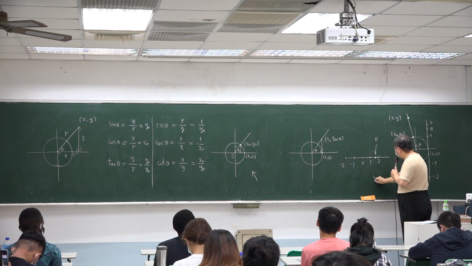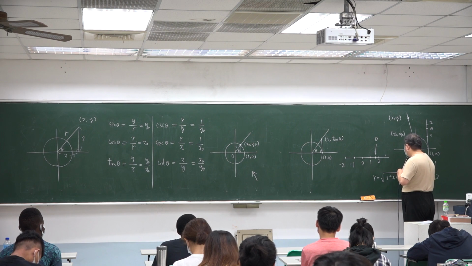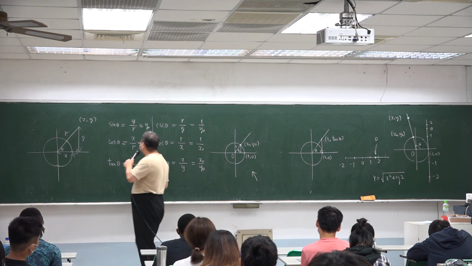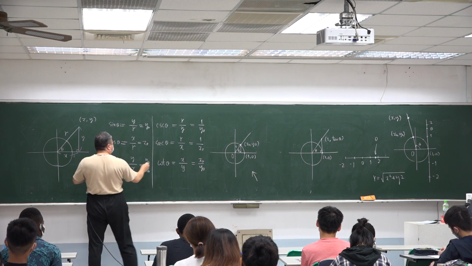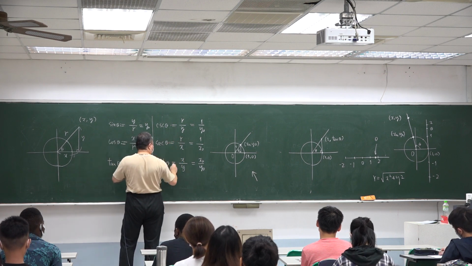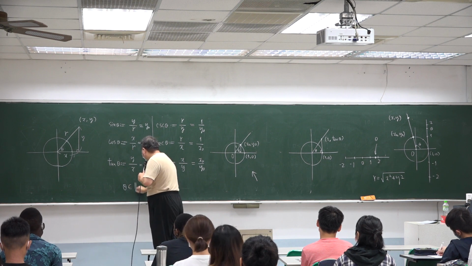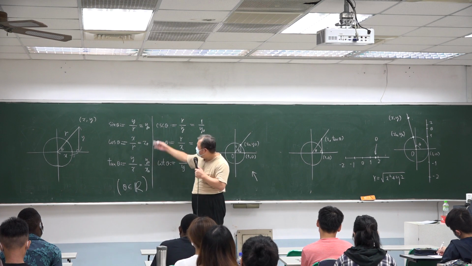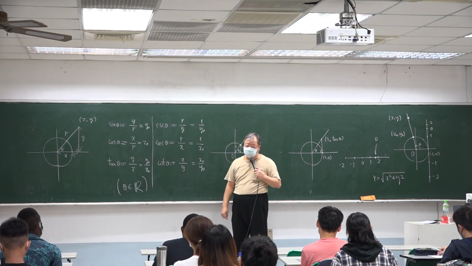In fact, r can be computed as the square root of x squared plus y squared. Then we define sine theta now. Here we allow theta to be any arbitrary real number if the ratio exists. Okay.